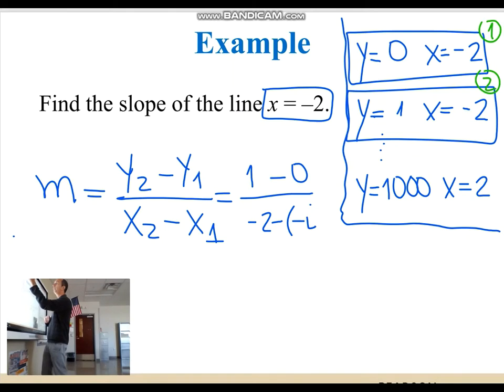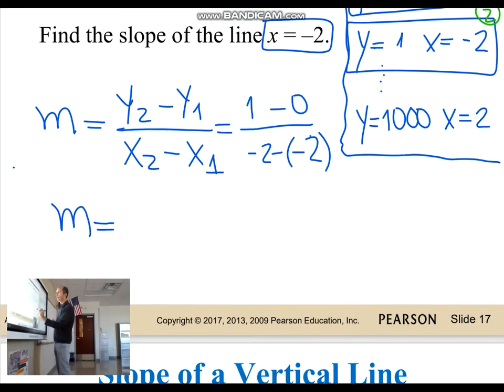Look what happens when you try to calculate this slope. You will have m equals 1 over -2 minus -2, which is 0. And this is undefined.